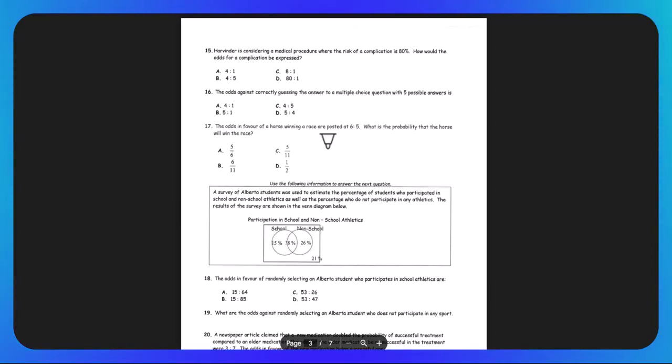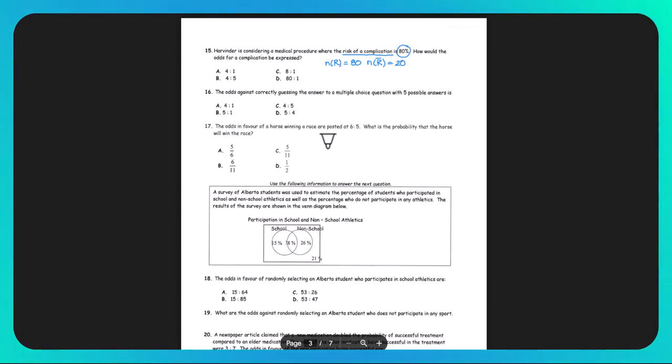So let's look at that one. Harvinder has an 80% chance of risking a complication. So in other words, out of 100 times, the number of times you will be risking something is going to be 80, whereas the number of times you won't be risking anything is going to be 20.